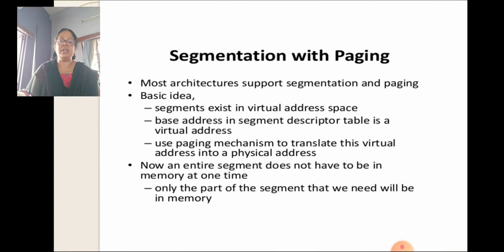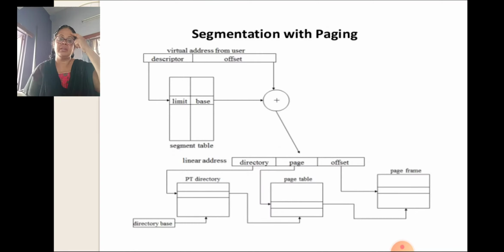Now an entire segment does not have to be in memory at one time. Only the part of the segment that we need will be in memory. This is the diagram of segmentation with paging.